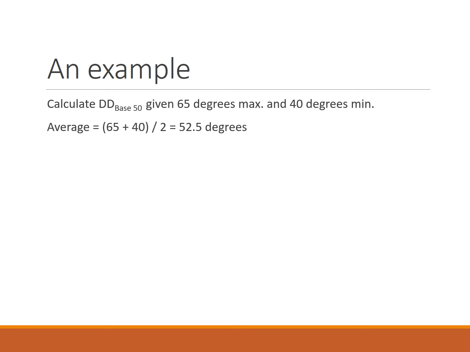The first step in calculating growing degree days is to take the high temperature plus the low temperature on that given day and add them together. 65 was my max or high temperature, 40 was my low temperature or minimum temperature. If I take 65 plus 40, I get 105. I have to divide that by 2 because I'm taking an average, and I get 52.5 degrees.